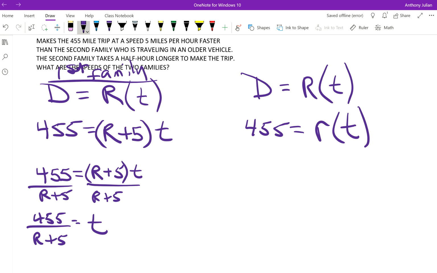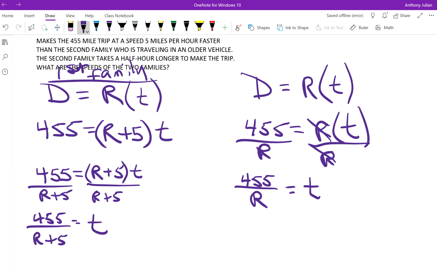For this t, I want to get that by itself, so I'm going to divide both sides by r. Notice I'm using two different r's. Let me try and get that to be the same kind of r's. All right, so then these r's cancel, and I'm going to have t equals 455 divided by r.